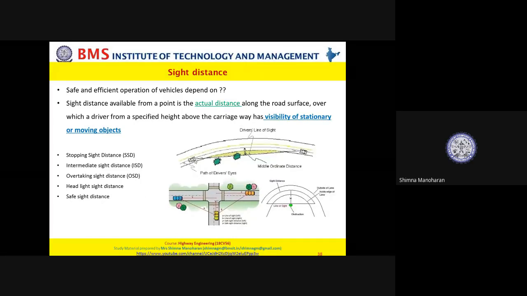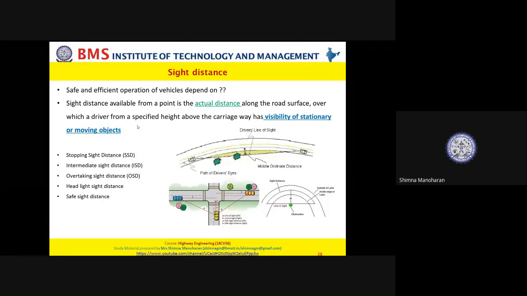This will be the path of the driver's eye, or the driver's line of sight. If there is any obstruction over here, what will happen? The driver will not be able to see the car coming from the opposite direction. Similarly here, for this car located at this intersection, the driver can see both the cars coming from either side, right?